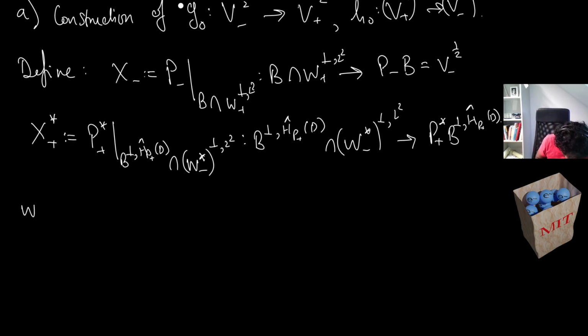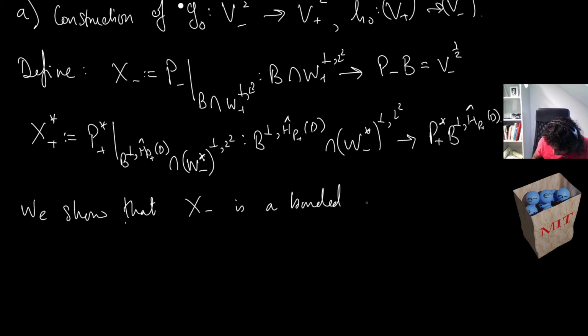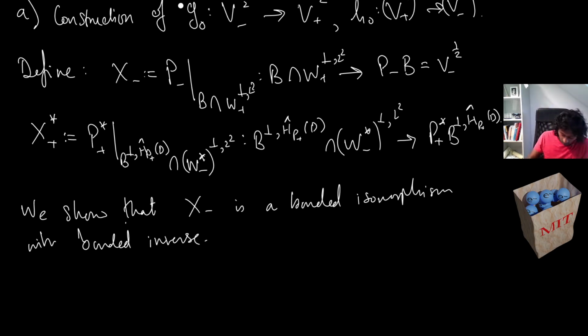And so we show that X minus is a bounded isomorphism with bounded inverse, i.e. it's a Banach space isomorphism.